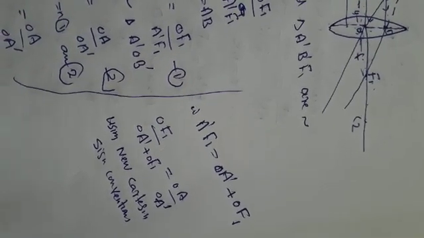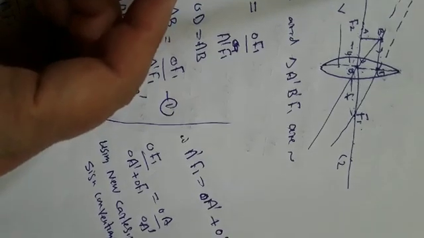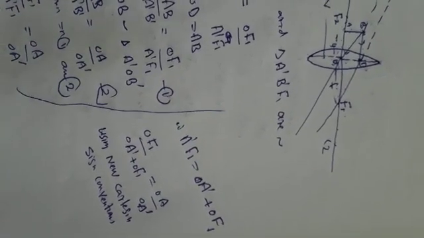When we move along the direction of light, it is taken as positive, and when we move against the direction of light, it is taken as negative. We are supposing the rays are always coming from left to right.